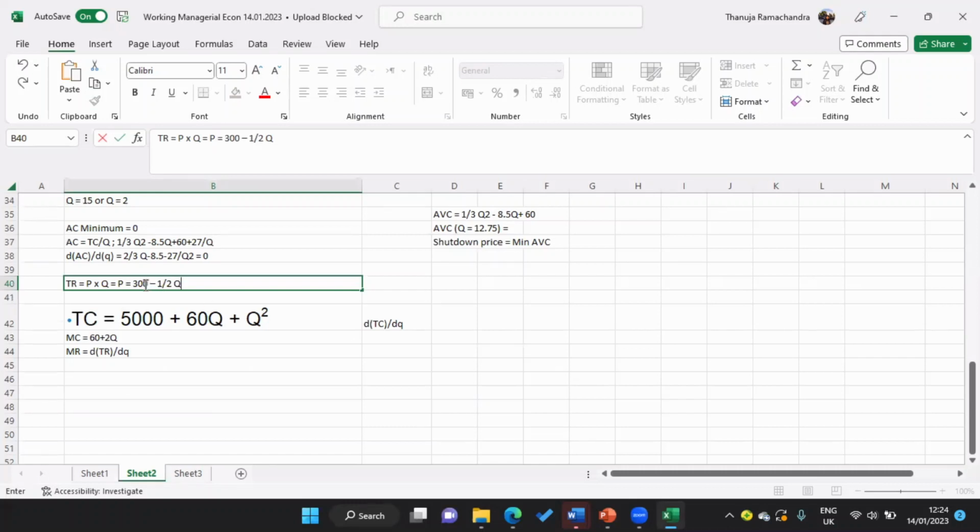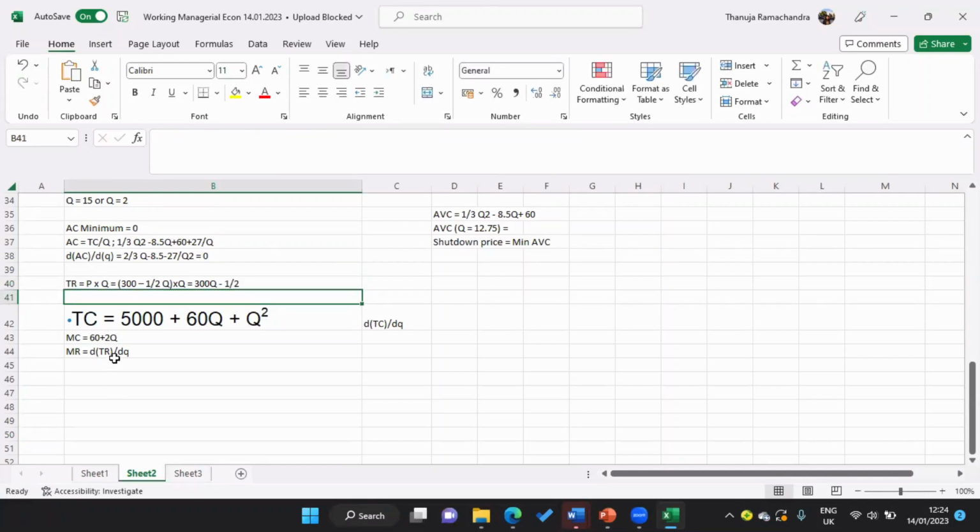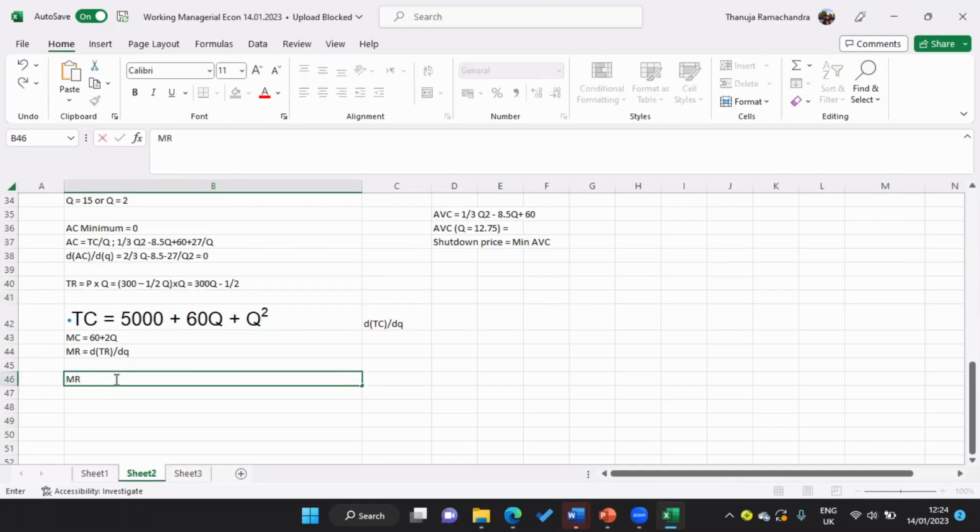Yes, ma'am. So P into Q, that is 300Q minus half Q squared. So for profit maximization, MR is equal to MC.